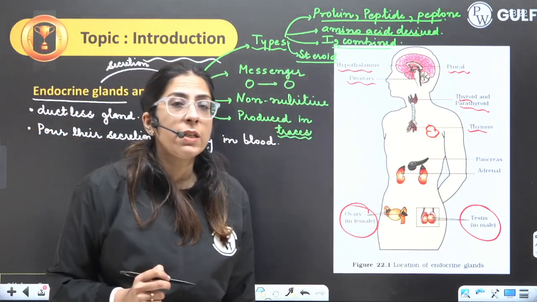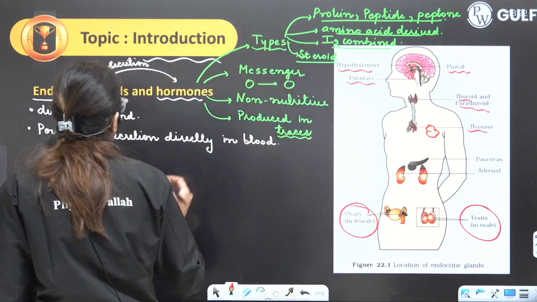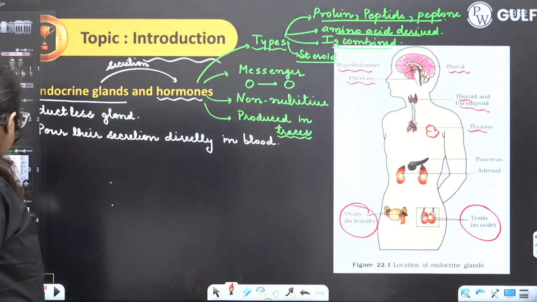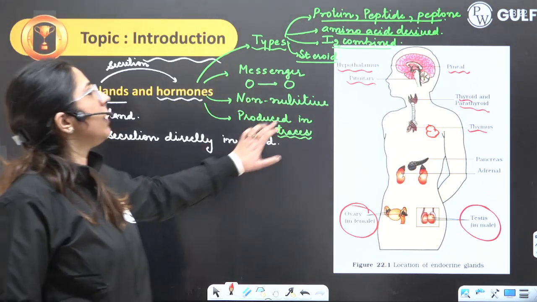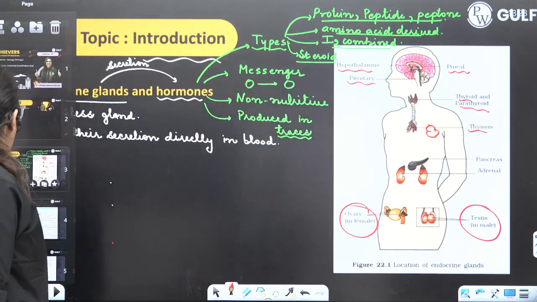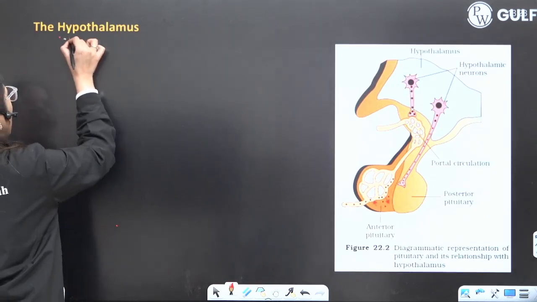So what will they secrete? They will secrete the hormones, and these are the different categories of the hormone. So what we are going to do is talk about these glands one by one, starting definitely with the hypothalamus.